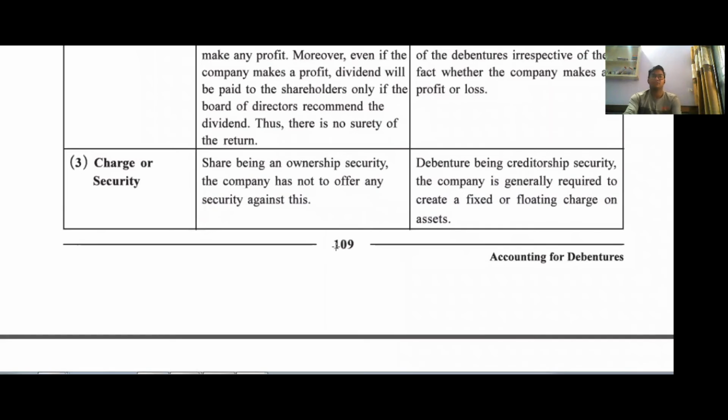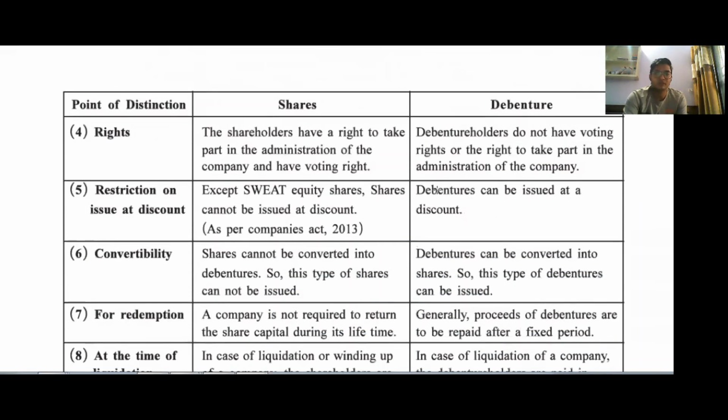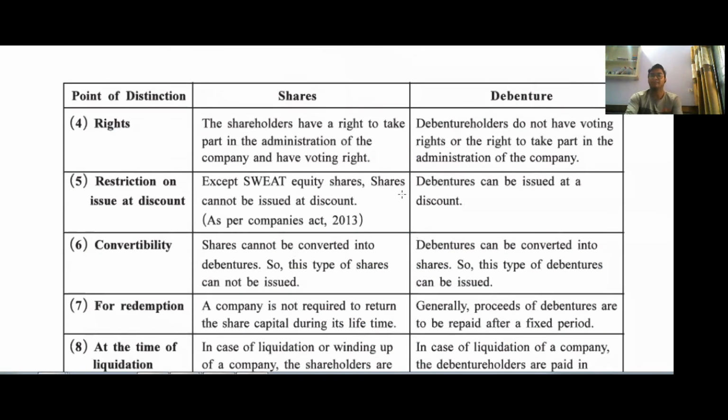Third one, charge. Share being an ownership security, the company does not have to offer any security against it. But on debentures, the company is generally required to create a fixed or floating charge on assets. Means here there is no charge, but on debentures there is a fixed or floating charge. Charge means mortgage or hypothecation.